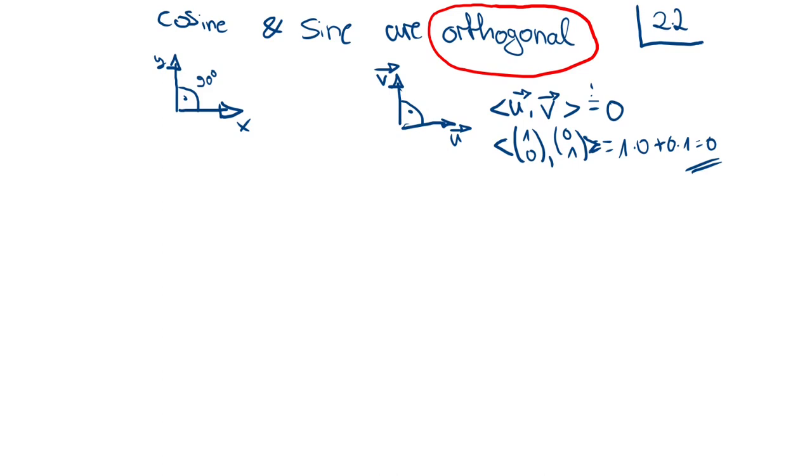So we use the two orthogonal bases, the cosine and sine function, to compose our periodic signal.